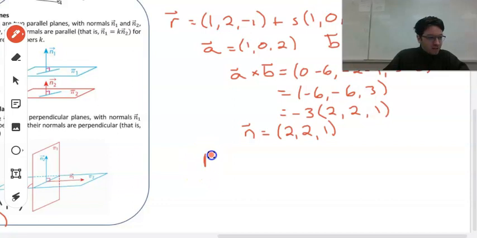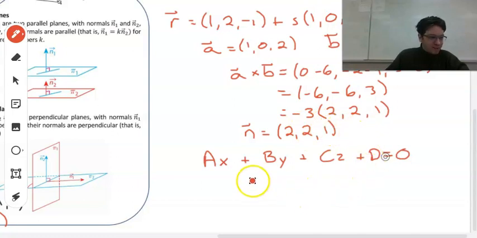So our standard form equation, which is ax plus by plus cz plus d equals 0, has the coefficients a, b, and c. So we know what a, b, and c are. So let's write those in. So we have 2x plus 2y plus 1z, or just z, plus d equals 0.